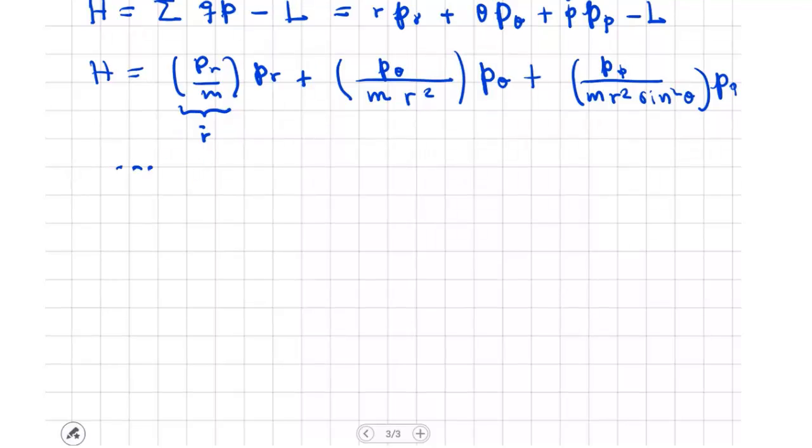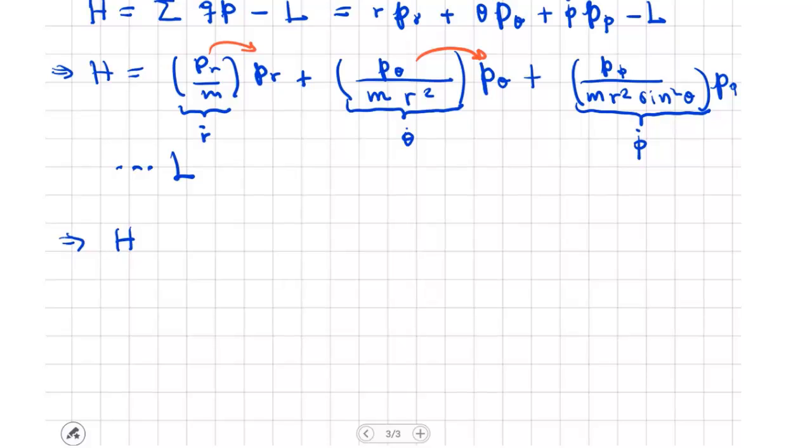All right. So we get, this is theta dot, and this is phi dot. Okay. So we get the Hamiltonian. Okay, we multiply PR times PR, p theta times p theta. We distribute this multiplication here, PR multiplying PR, p theta multiplying p theta, and p phi multiplying p phi.